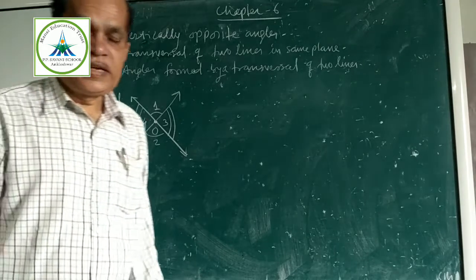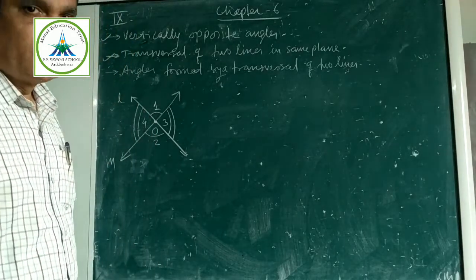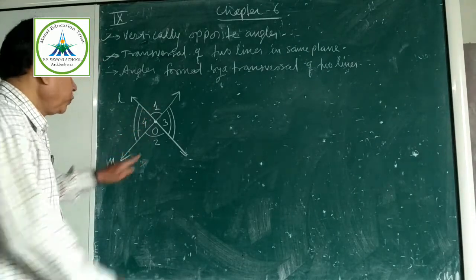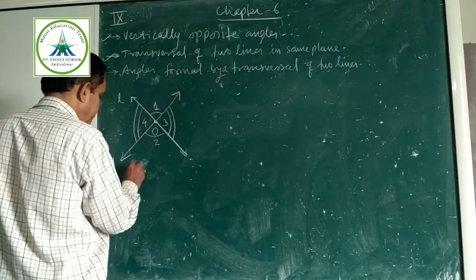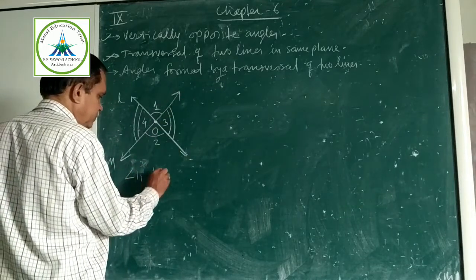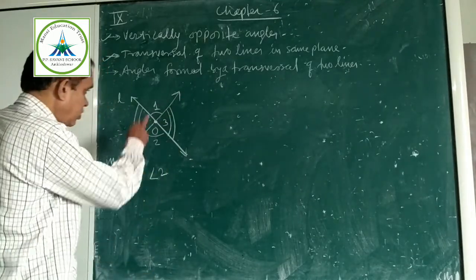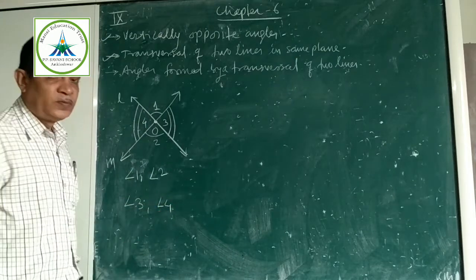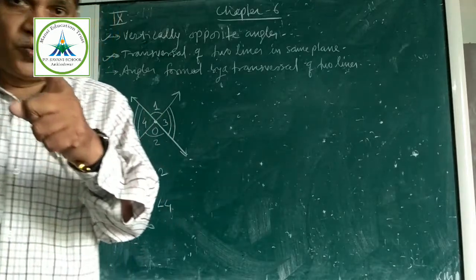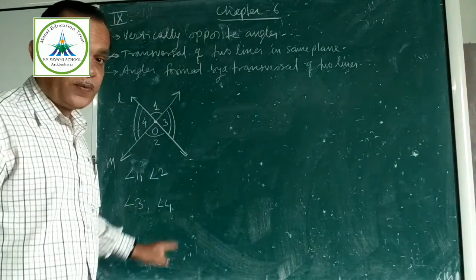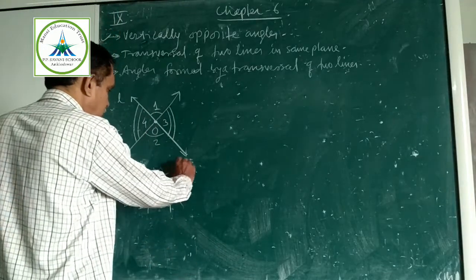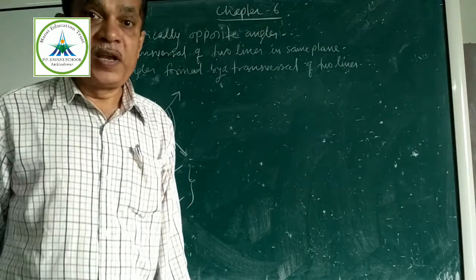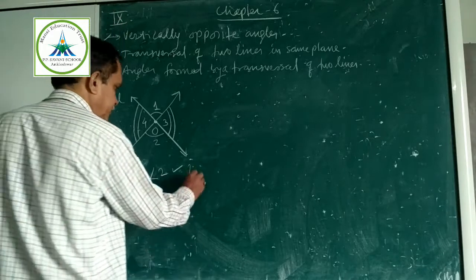When two lines intersect each other at a point, then angles of the type angle 1, angle 2, and of the type angle 3, angle 4 are called pairs of vertically opposite angles.